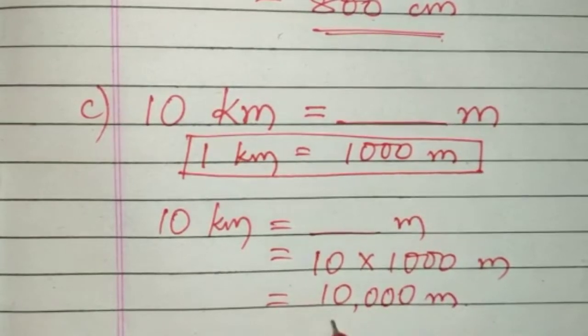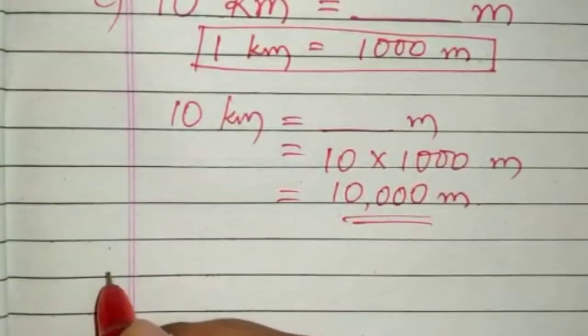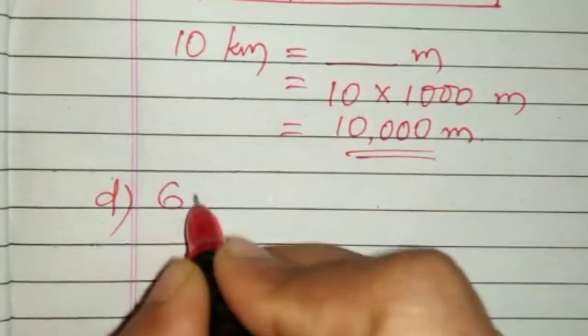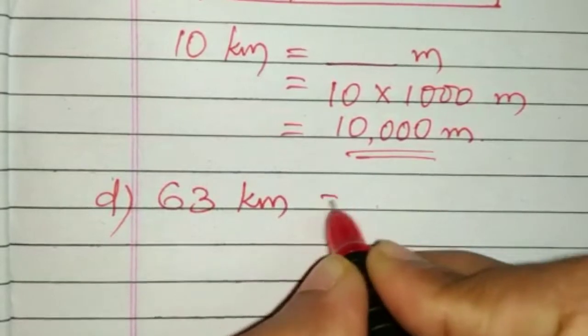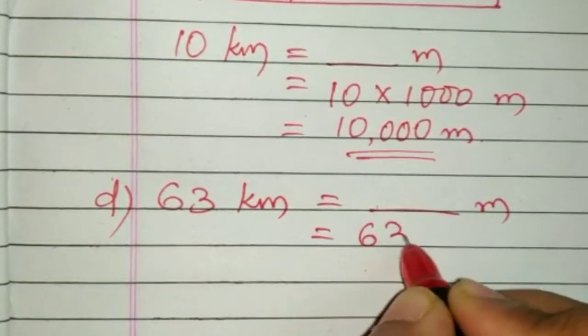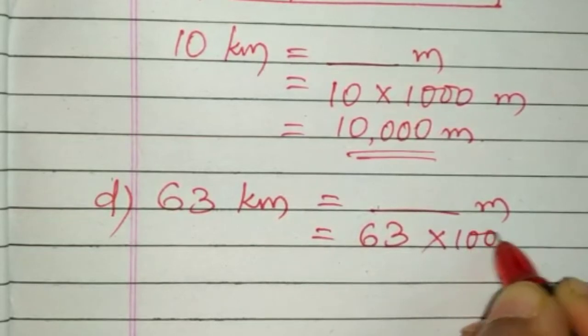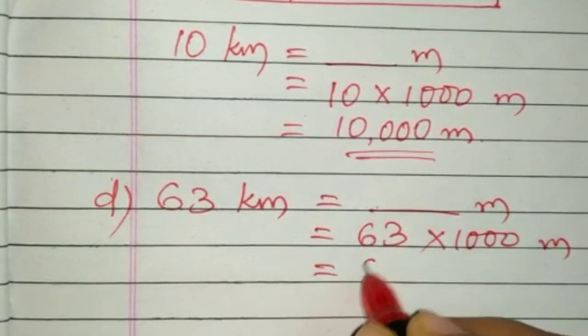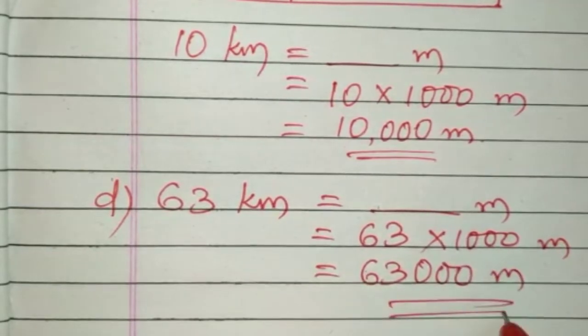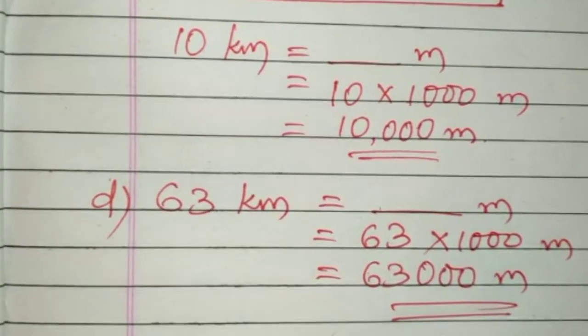This is meter. This is the answer. Now same way D, how you will do D number, that is 63 kilometer, that is equal to dash meters. Write down 63 into 1000 meter. Now this is 63 and 3 more zeros, meter. So this is the way how to convert and do it, children.